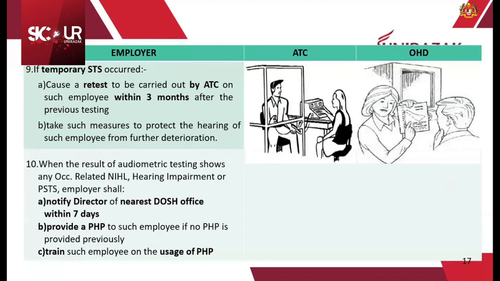Take such measure to protect the hearing of such employee from further deterioration. When the result of the audiometric test shows any occupational related NIHL, hearing impairment or PSTS, notify director of the nearest DOSH office within 7 days, provide PHP to such employee. If no PHP is provided previously, train such employee to use the PHP.